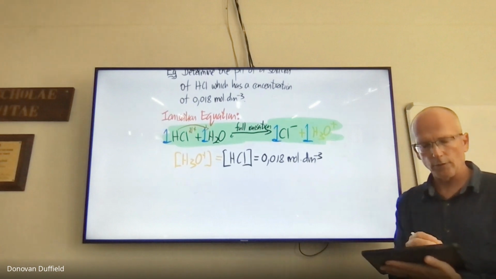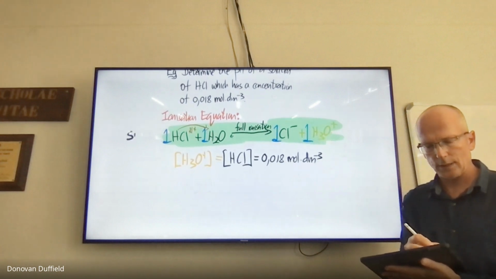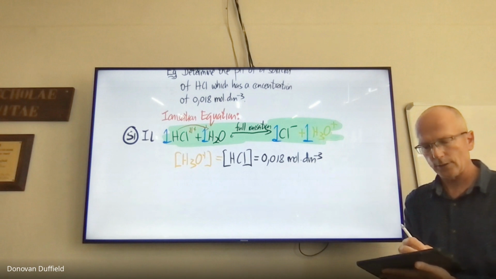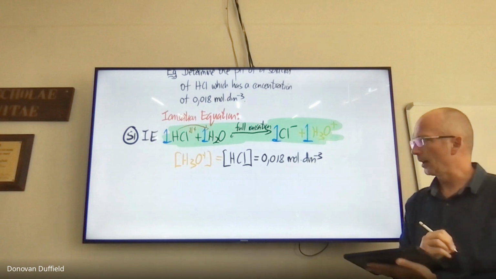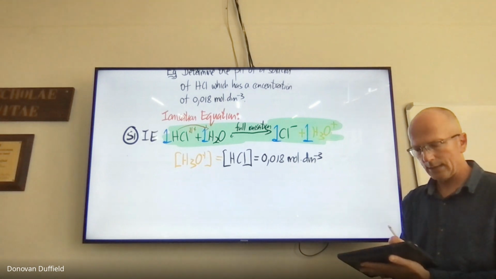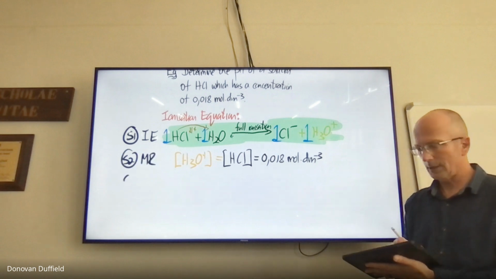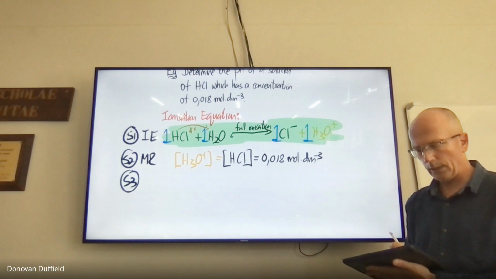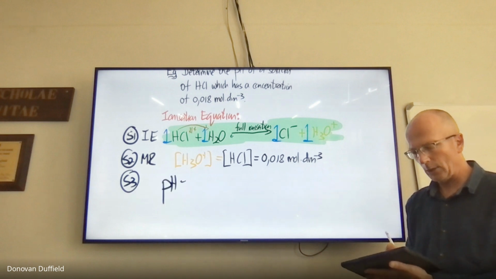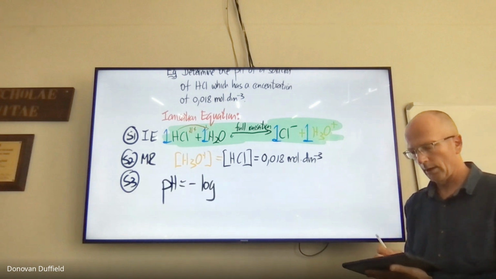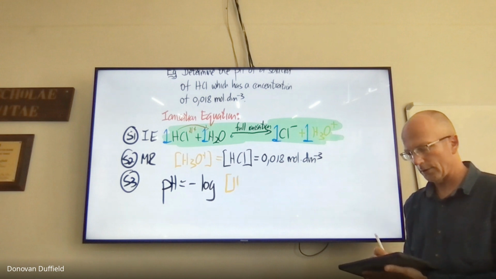Now, the first step was the ionization equation, right? The second step was the molar ratio. The third step is that the pH is equal to the negative log of the hydronium ion concentration.